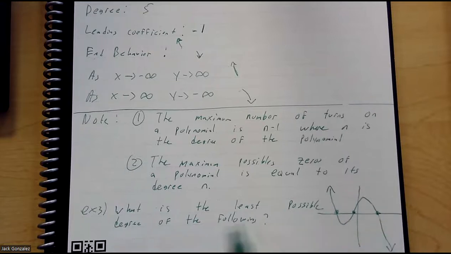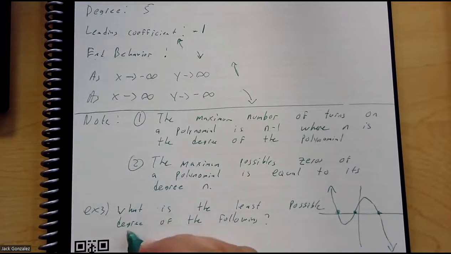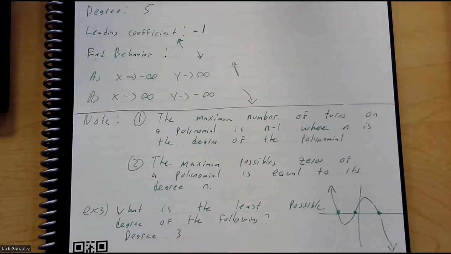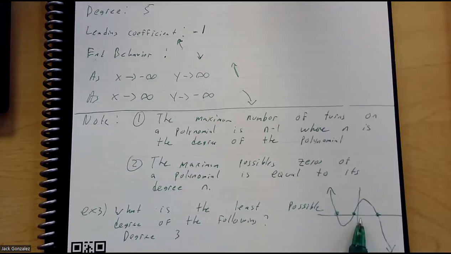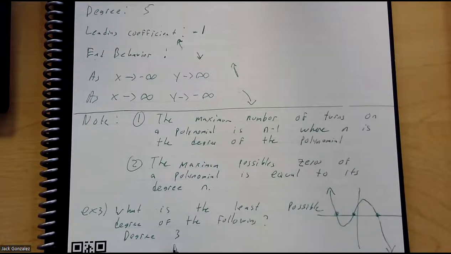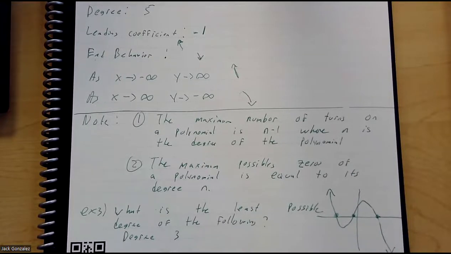Do you see why the degree must be at least 3? It could be more. It could be degree 5, but at least 3 means 3 or more. That's all.